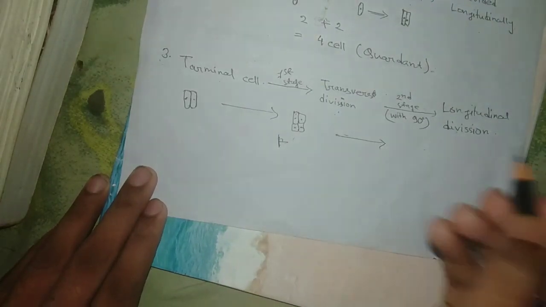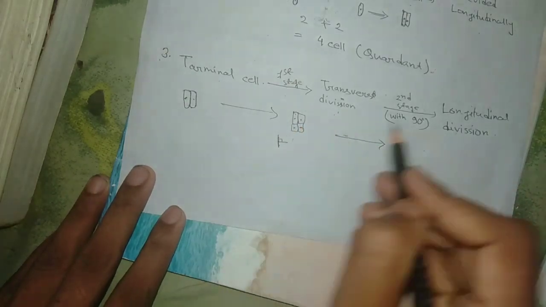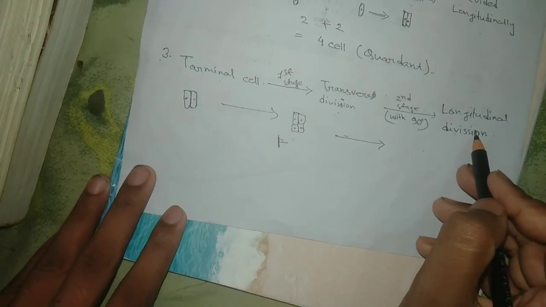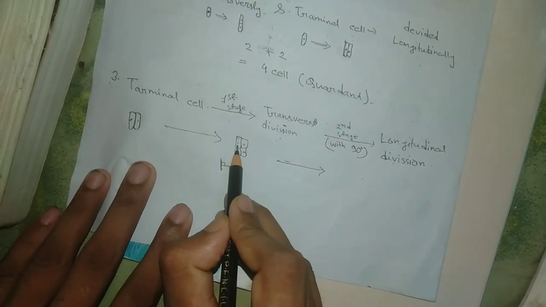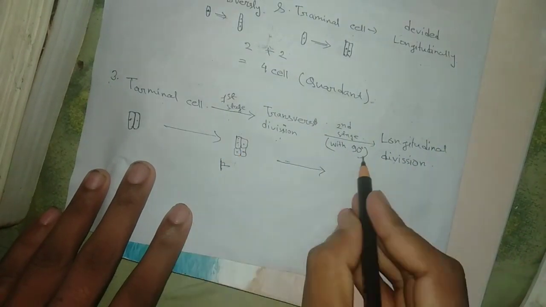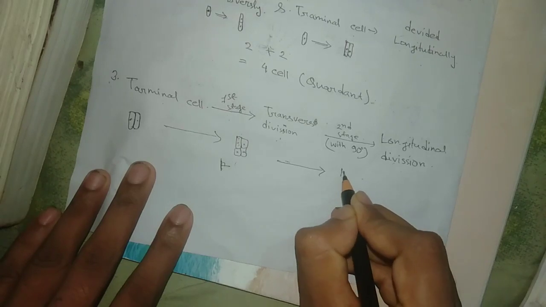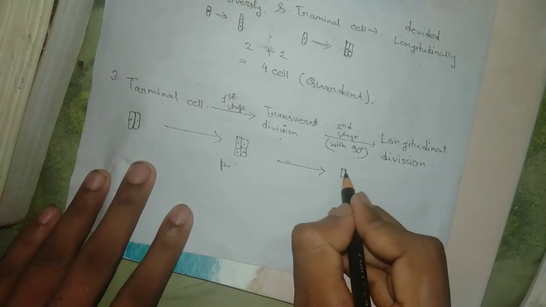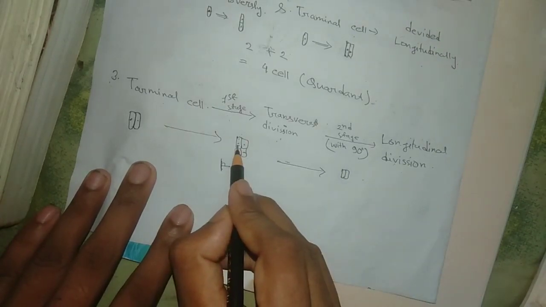We can see the 90 degree longitudinal division. In this case we can see first one, two, longitudinal division.